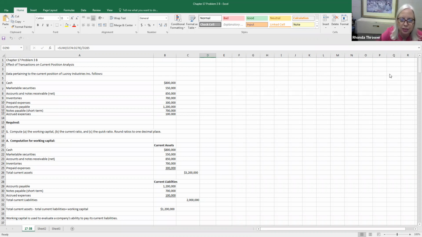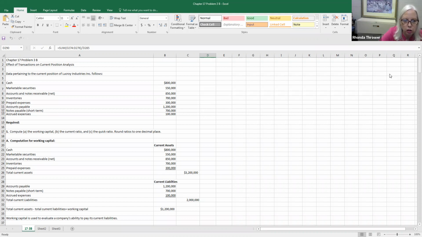Then you simply divide the current assets by the current liabilities, and that will give you your current ratio. In this example, we took $3,200,000 and divided that by our current liabilities of $2 million, and that gives you 1.6 as the current ratio.